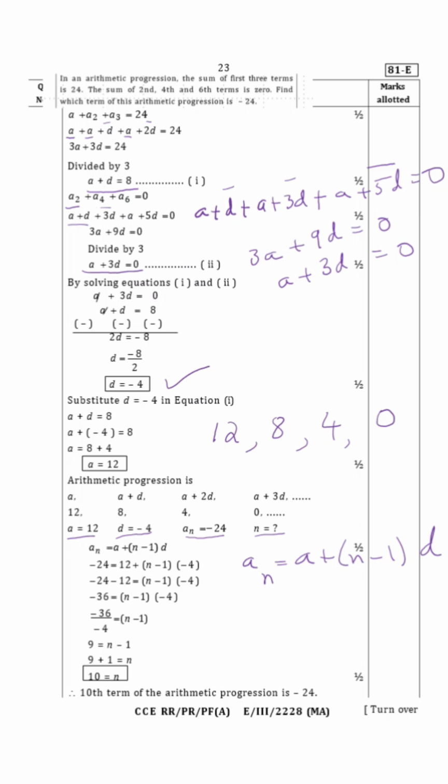Here instead of An we put minus 24, instead of A 12, N minus 1 we don't know, D is negative 4. Go on solving it. So 9 is equal to N minus 1, N is equal to 9 plus 1, that is 10. So the 10th term of the arithmetic progression is negative 24.